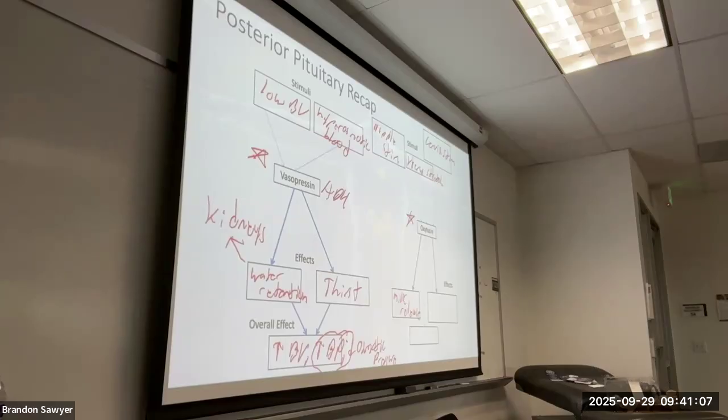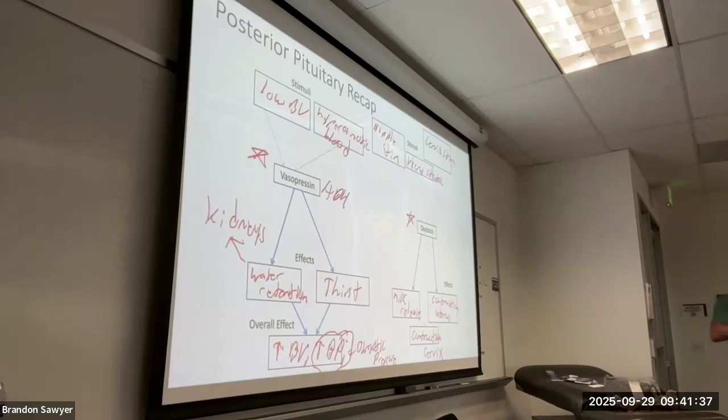And then it's just going to be contraction of the uterus and contraction of the cervix. Oxytocin is one of the hormones that can flip towards positive feedback during labor and delivery.